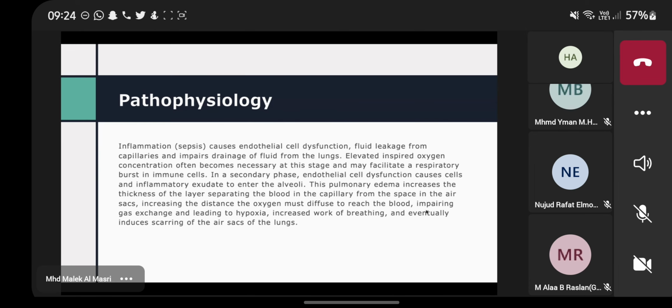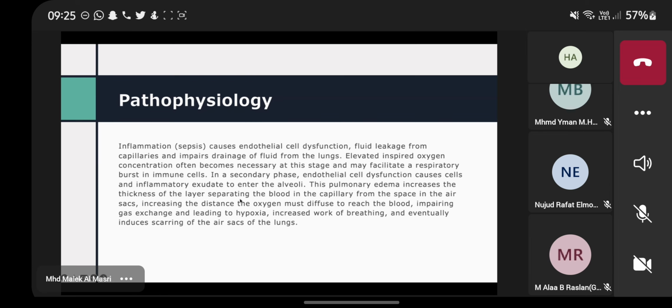Now, as for the pathophysiology, the doctor mentioned that inflammation or sepsis would cause endothelial cell dysfunction, fluid would leak from the capillaries, and there would be impaired drainage of fluid from the lungs. After that happens, you're going to need more inspired oxygen and higher concentrations to try and oxygenate your body.